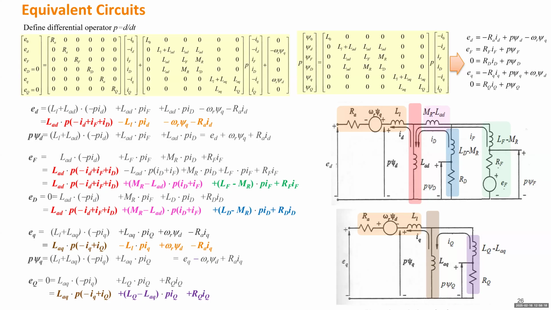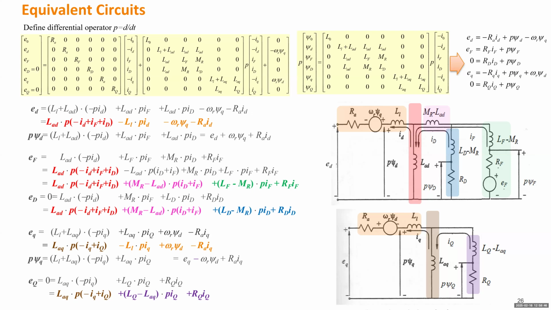Similarly, we put everything involving the LAQ in the same branch. We color that branch, so we can add one branch to the equivalent circuit. We just gradually move forward. Eventually, we derive these circuits in the D axis and the other circuit in the Q axis, which gave us an accurate representation of the voltage and flux equations.